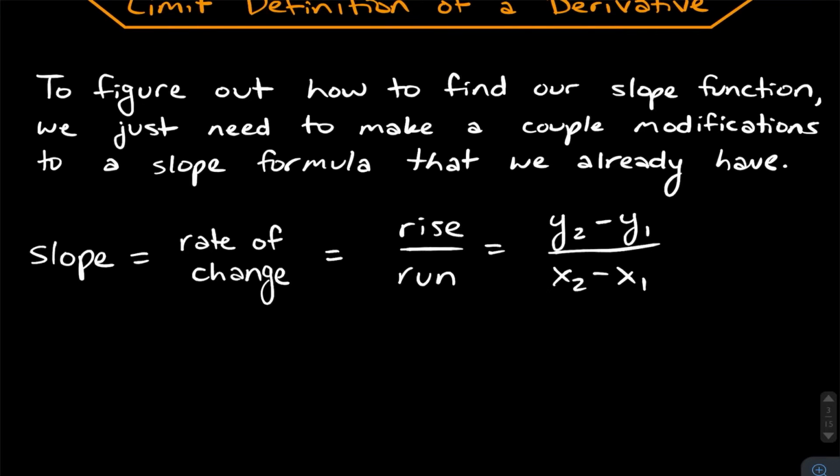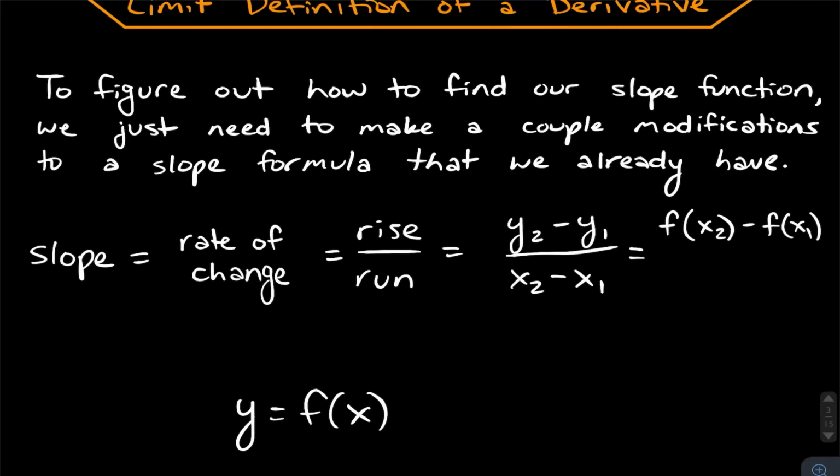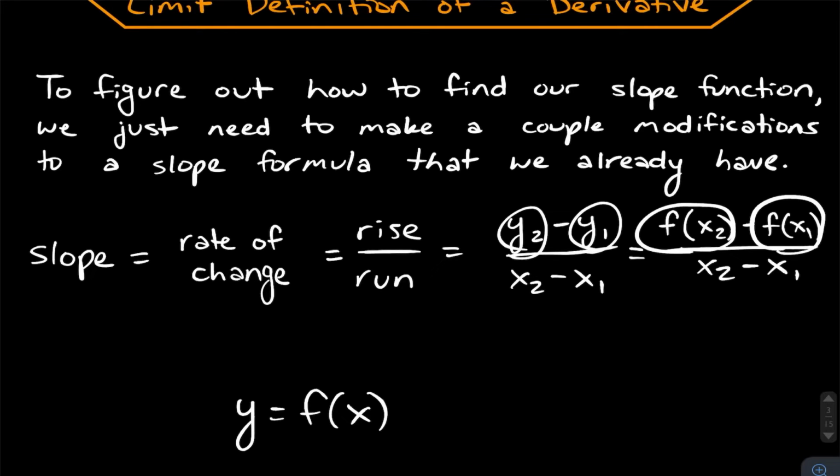Now, if you want to write that a little more with the f of x notation, because we're used to seeing y as f of x now, we could rewrite this as f of x2 minus f of x1 over x2 minus x1, where y2 is just f of x2 and y1 is just f of x1.